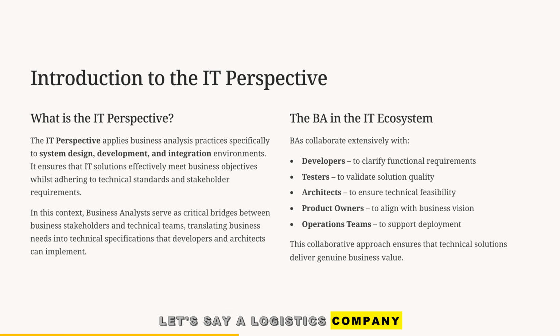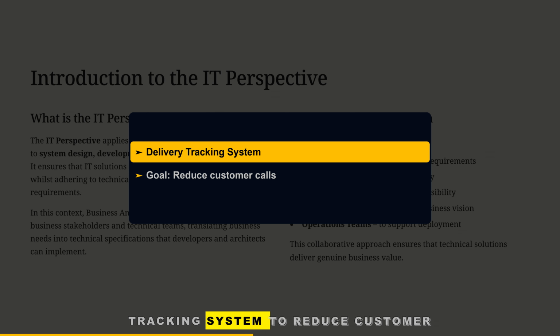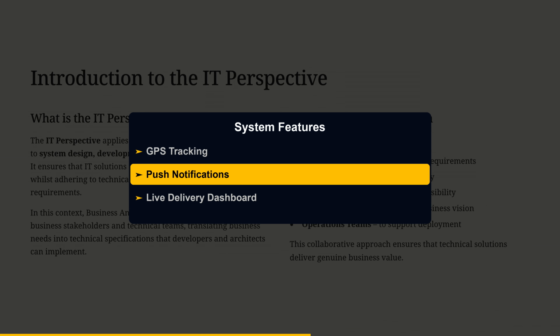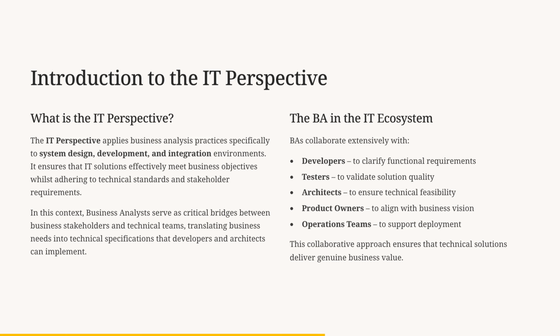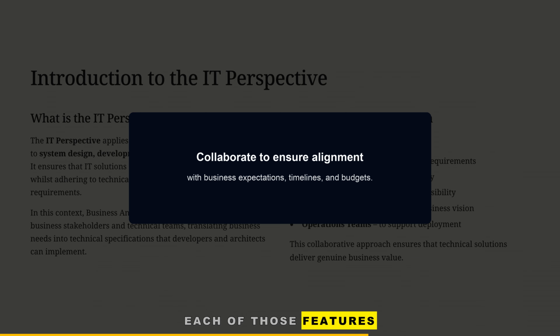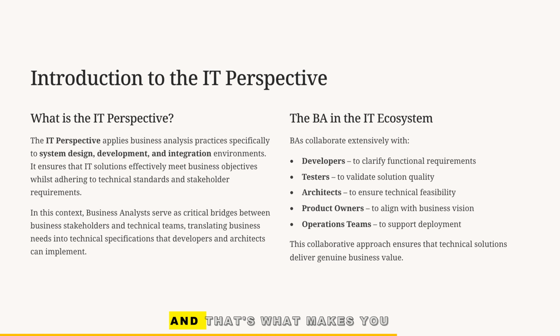Let's say a logistics company wants to create a delivery tracking system to reduce customer calls. You translate that business goal into system features, like GPS tracking, push notifications, and a live delivery dashboard. Then, you'd work with developers, testers, and architects to ensure each of those features aligns with business expectations, timelines, and budgets.